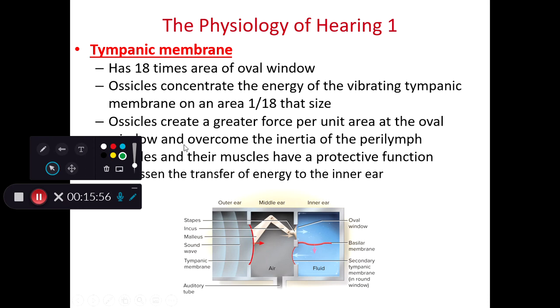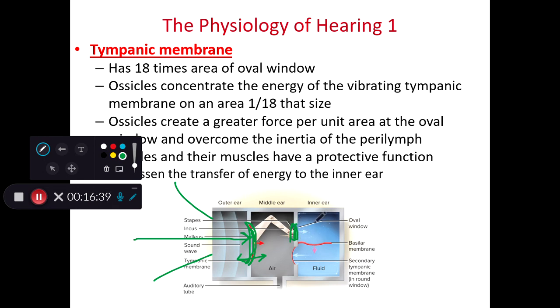In terms of the physiology of hearing, let's think of the function of hearing. This is our simplified diagram of the ear. We have the outer ear, which is going to take sound waves and funnel them towards the tympanic membrane, and then that tympanic membrane oscillates back and forth. As we look at the bones of the middle ear, the malleus, incus, and stapes, those bones take the movement of the tympanic membrane, which is relatively large, and concentrate all that force into a tiny little space, the oval window.